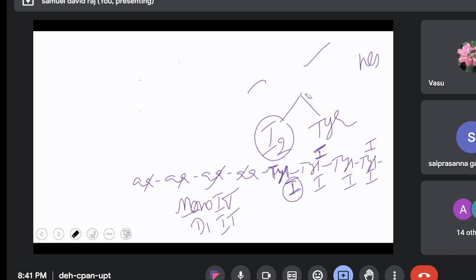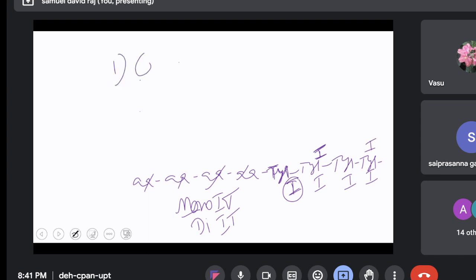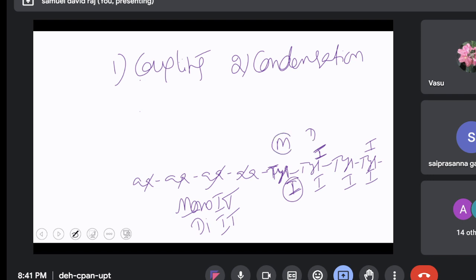Now what happens is, after the formation of mono and diiodothyronins, there occur two processes. One is called coupling, the other is called condensation. This is monoiodothyronin and this is diiodothyronin.